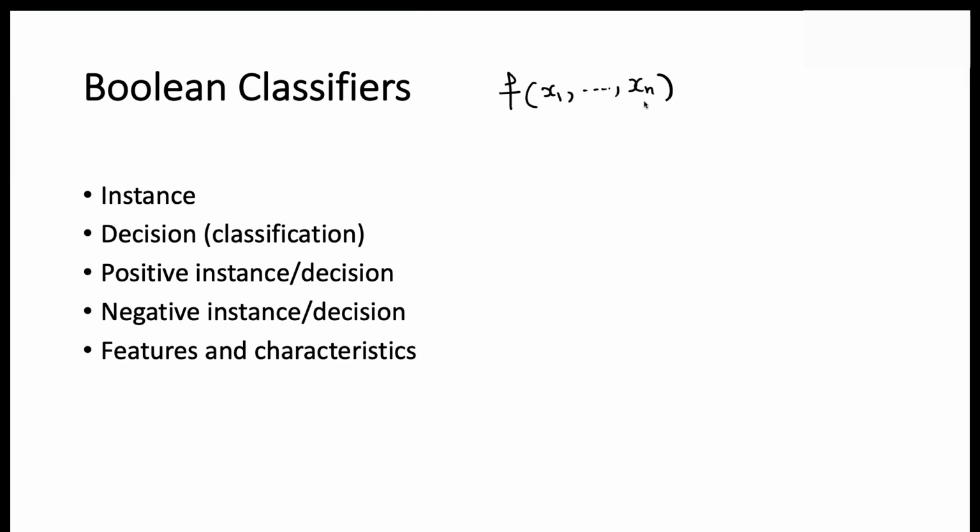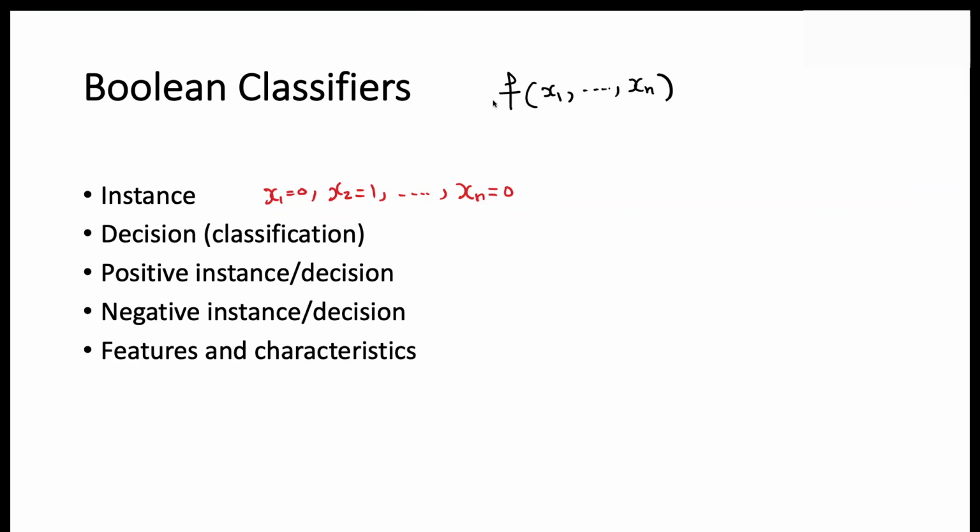Now, there is the notion of an instance. Everything we're going to be talking about we've seen, but when you start talking about classifiers, different terms are used. So the notion of an instance is a variable instantiation. If I tell you x1 is 0, x2 is 1, xn is 0, we call that an instance, because this is now something that we're trying to classify. You plug that instance into this function, you get either a 0 or 1, and that we call a decision.